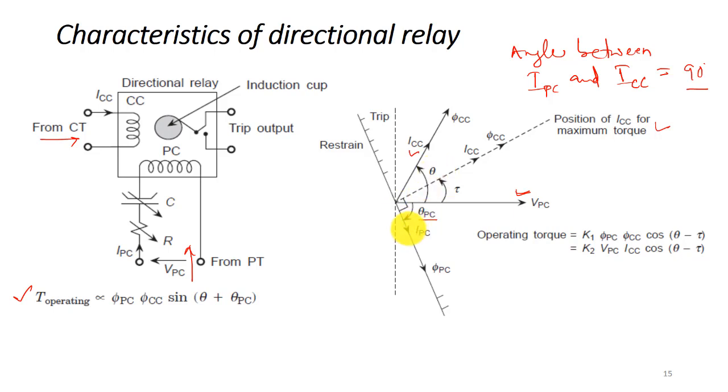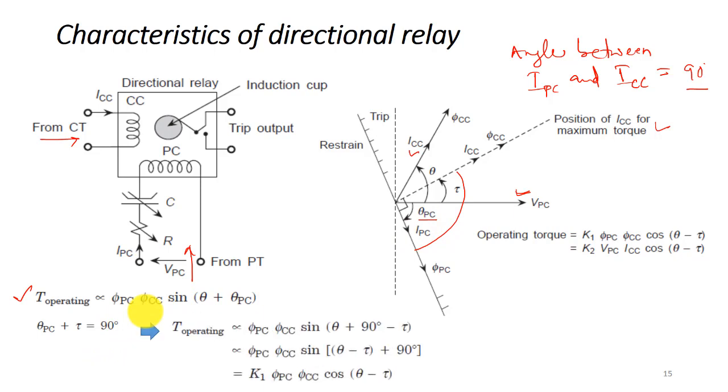Then I can write theta PC plus tau equal to 90 degrees. From here I can find theta PC, so theta PC will be equal to 90 minus tau.